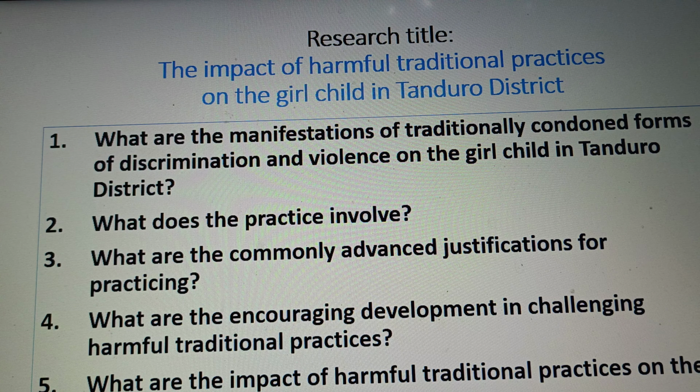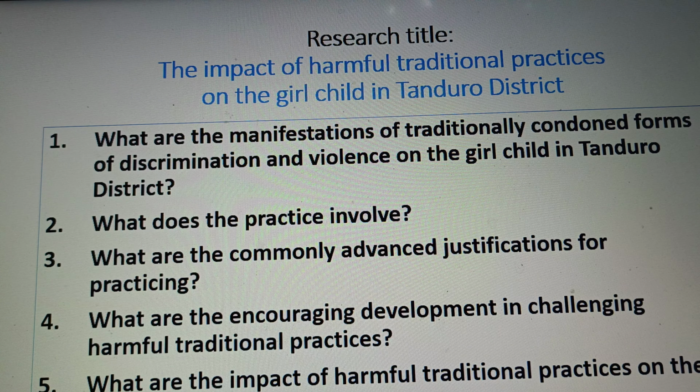But another researcher for the same research title might develop other basic research questions. So basic research questions for a particular research title should not necessarily be the same. That should be kept in mind by a researcher.